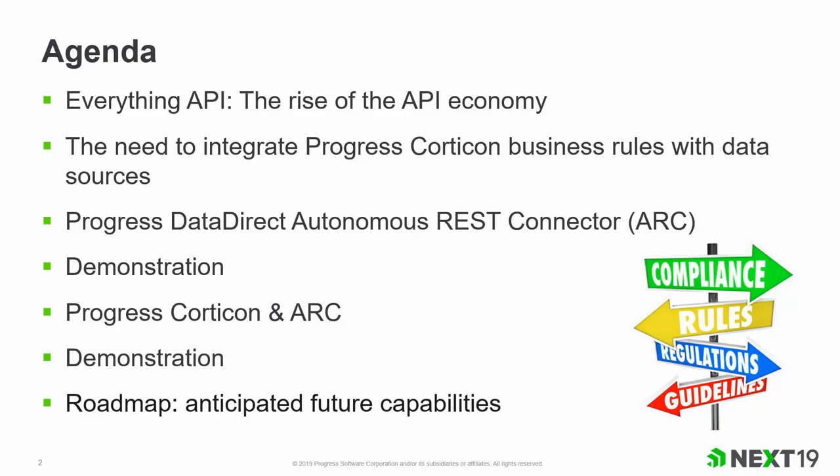So you've heard a lot of talking about ARC, which is the autonomous REST connector that our folks at the DataDirect site made available in January as a first release. Well, the good news is we built that connector into Corticon. So we're now able to actually connect through SQL to a REST endpoint. So that's what we'll be showing you during this presentation.